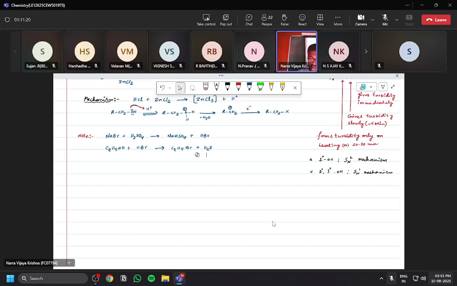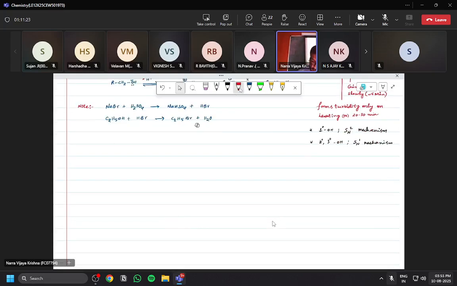Now, instead of bromide, if I take iodide, sodium iodide, NaI, allowed to react with, here I will not prefer H2SO4. Reason? If I take H2SO4, the obtained HI will decompose to produce I2 because H2SO4 can act as an oxidizing agent. So in such case, we prefer phosphoric acid, H3PO4, leading to formation of NaH2PO4 plus HI.